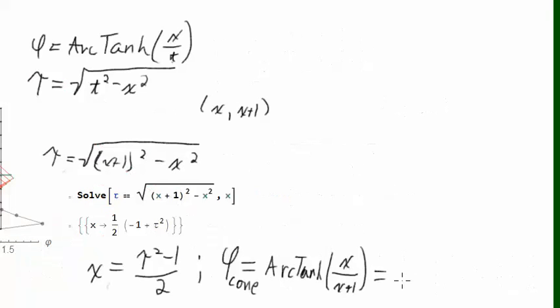Or in just one step, arctanh of tau squared minus 1 over tau squared plus 1.